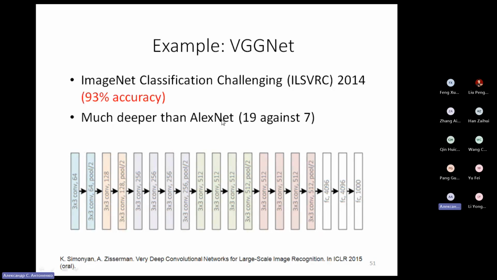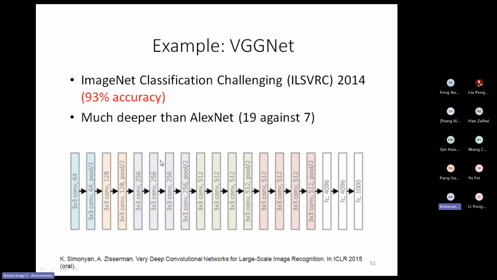It's much deeper than AlexNet, but it actually used convolution with pooling, convolution with pooling, convolution with pooling, convolution with pooling, convolution with pooling, fully connected. As you can see, nothing changed globally. So it's much deeper, much more powerful, more complicated, and needs more powerful hardware.